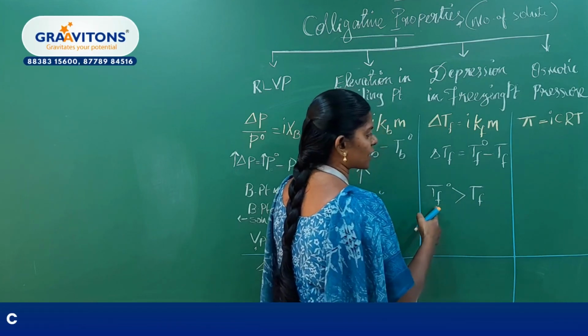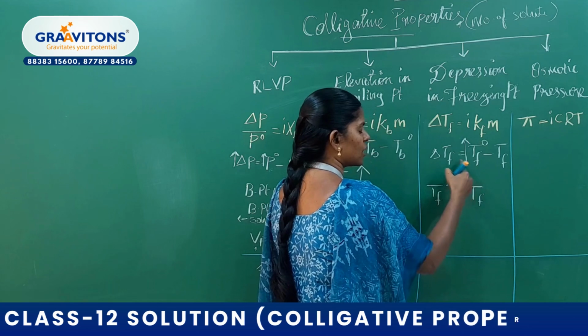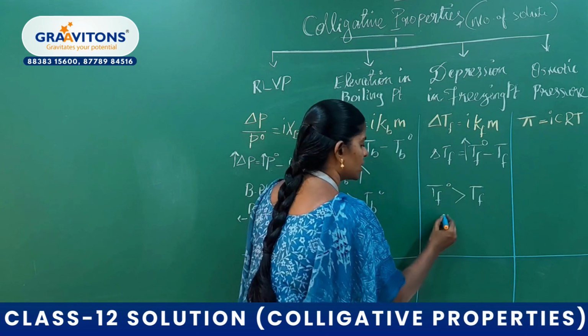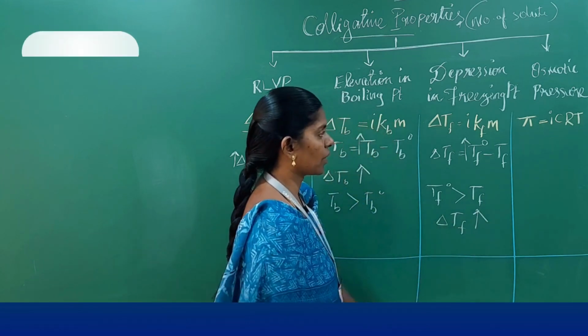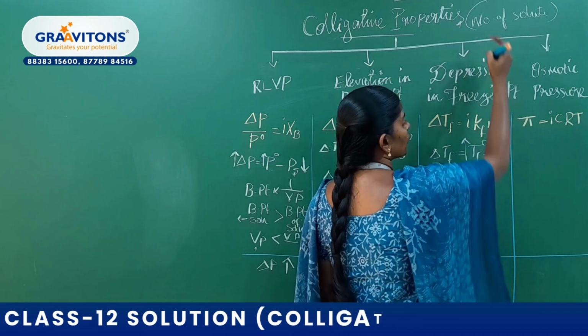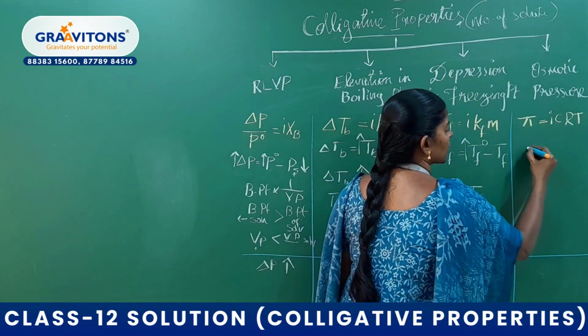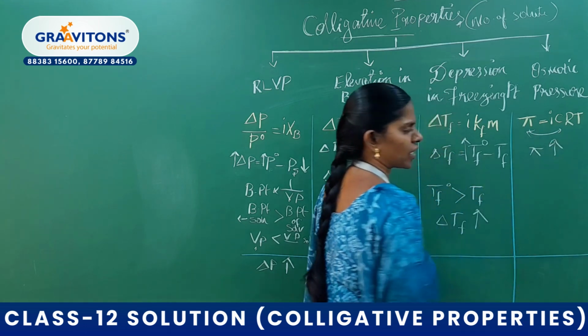When this value increases, delta TF increases. When I move to osmotic pressure, when the number of solute particles increases, osmotic pressure, which is directly proportional, also increases.